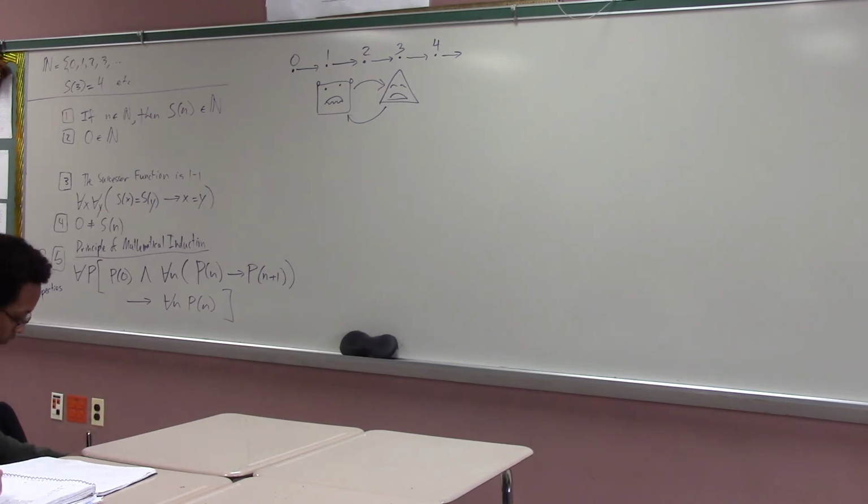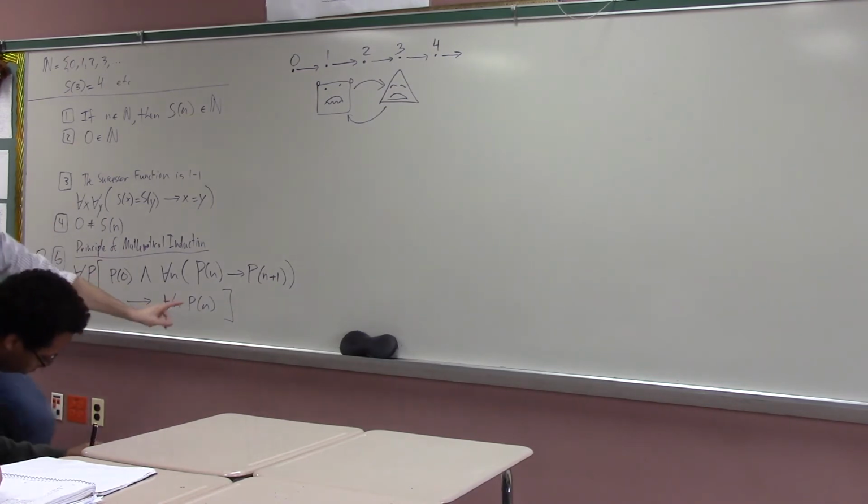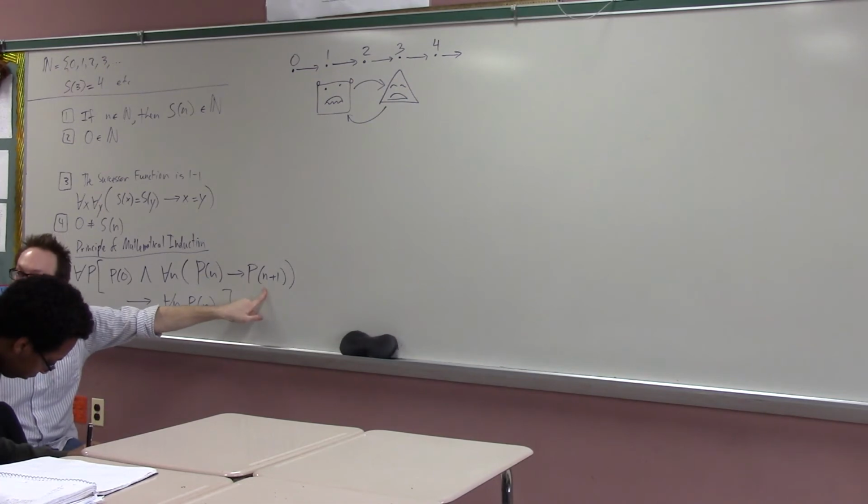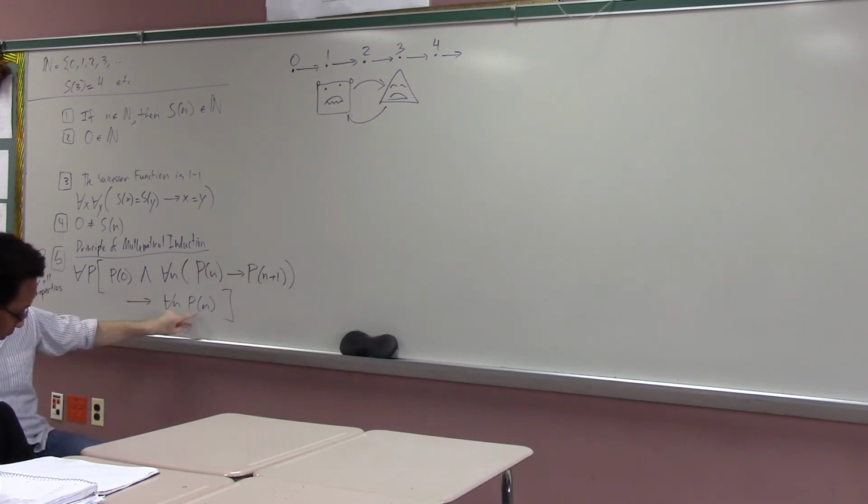I'm going to say that again. For any possible property, if that property holds for 0, in other words, if this fact is true about 0, and if whenever this fact is true about a number, it's also true about the next number, then it must be true of all numbers.